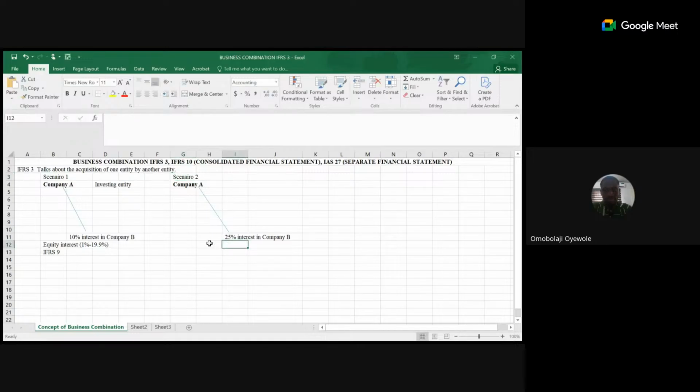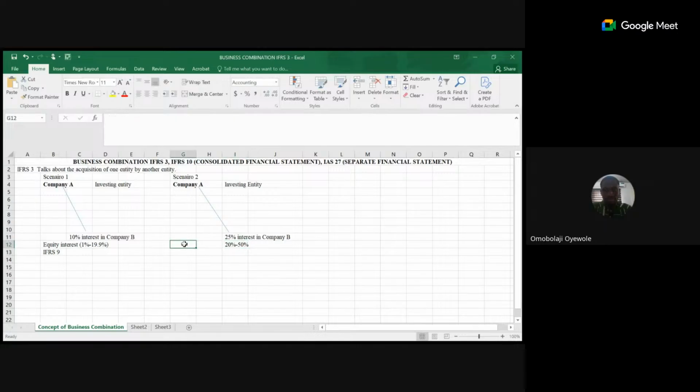In this second scenario, company A, the acquiring entity, has 25% interest in company B. That means out of the 100% shares of company B, I am buying 25%. This 25% interest will fall under the interest range between 20% to 50%.